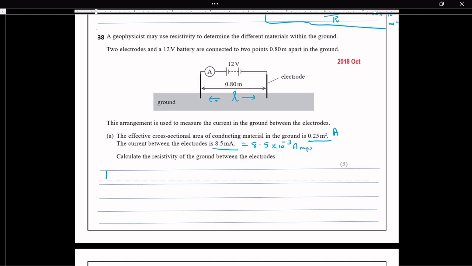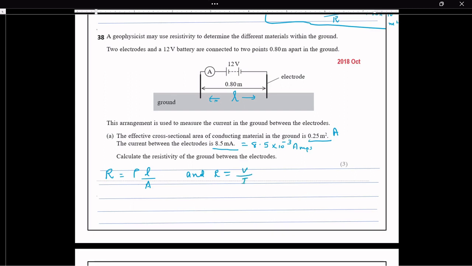So let us make use of the equation R is equal to rho L over A. But here the resistance is not given separately. So we have to calculate the resistance first of all. Here itself I can write, and we have the equation resistance is equal to V over I, Ohm's law.